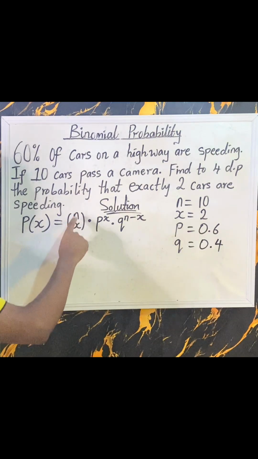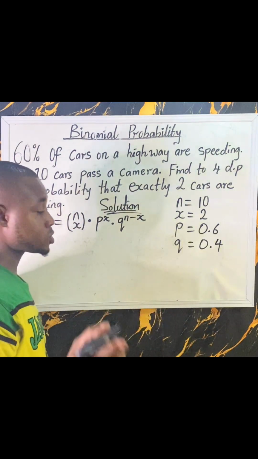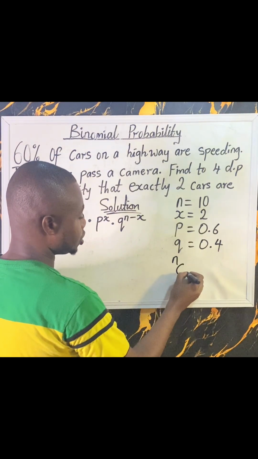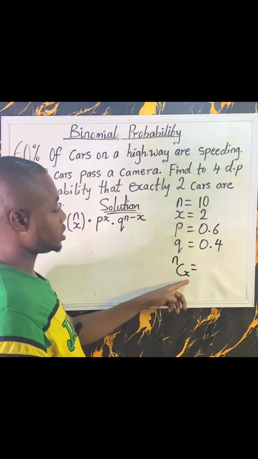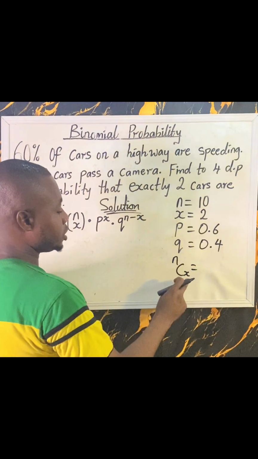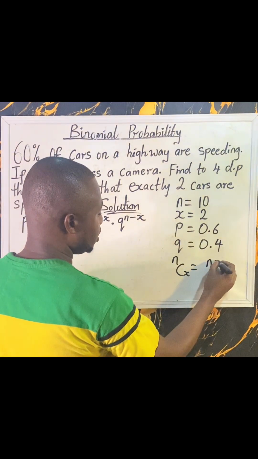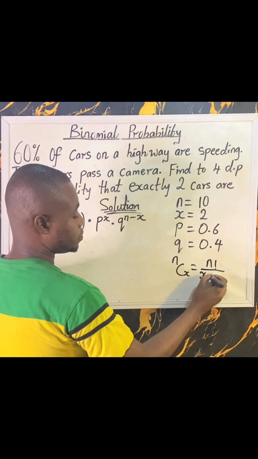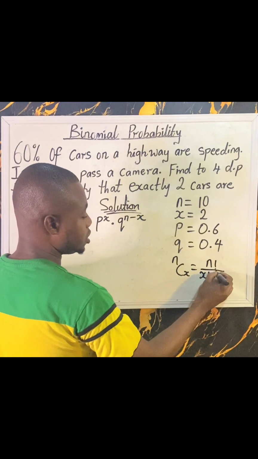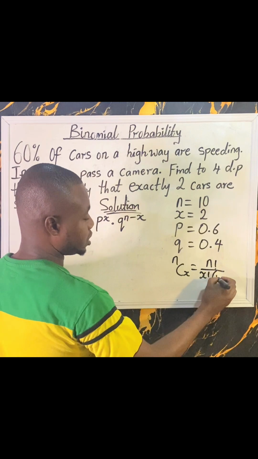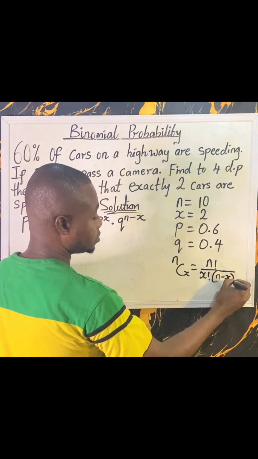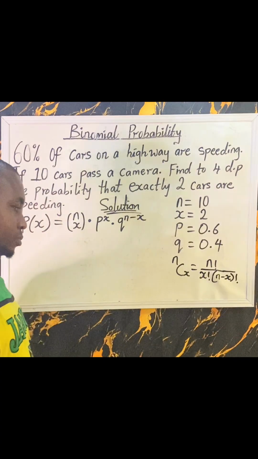We have n combination x. How do you get this combination? Remember, n combination x means n factorial over x factorial into bracket n minus x, then factorial.